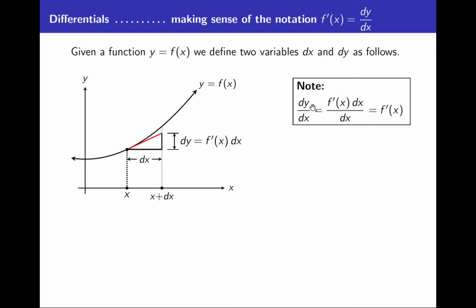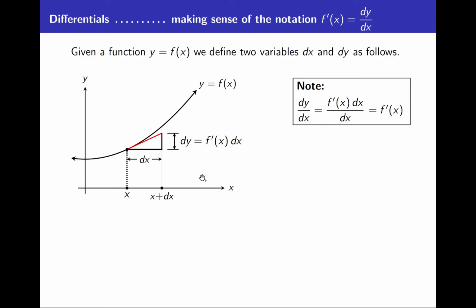So if we take the quotient dy divided by dx, that's f prime of x dx divided by dx, and the dx's cancel, and you just get f prime of x. So we've configured things here so that the quotient dy dx equals f prime of x, and that completely conforms to our original meaning of the notation dy dx, being the derivative f prime of x.